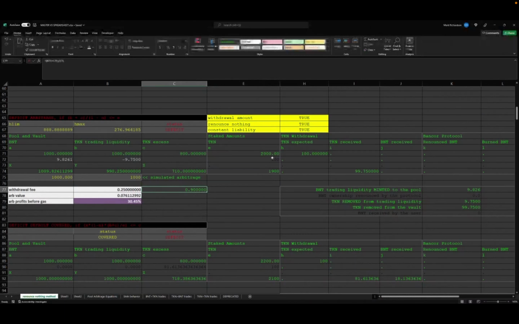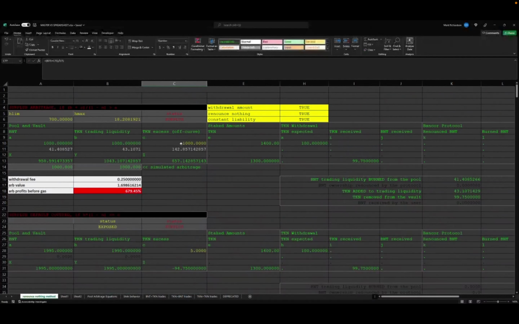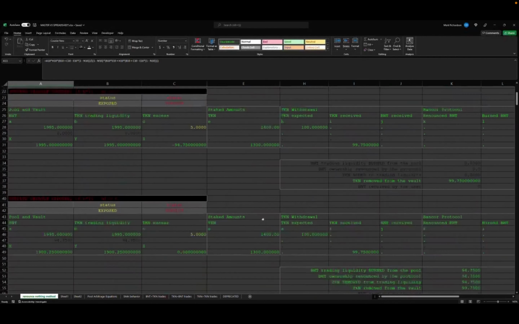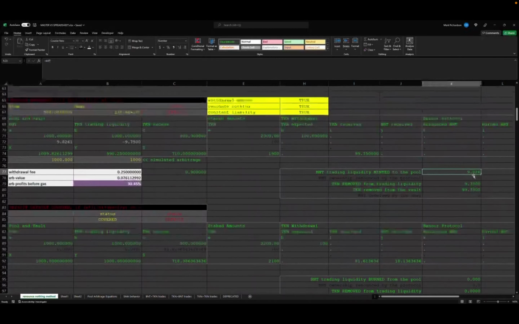So what does the protocol try to do? Well, in this case, it does the opposite of what we did during surplus. So instead of burning BNT from the pool, which is what we tried to do up here when this was 500, instead of burning 7.35 BNT in the pool, in this case, what it's going to do is mint 9.826 BNT to the pool.